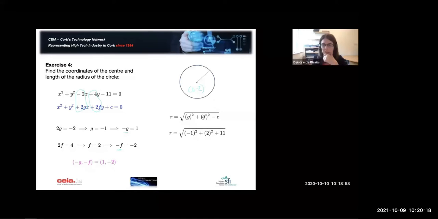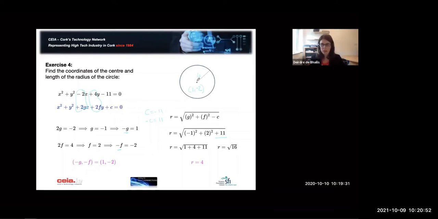From here we know that f is equal to 2, and we're going to square that. Minus c now, so we know that c is equal to minus 11. Therefore minus c must be equal to 11, and that's what we're popping in there. That allows us to calculate r. Again, r is equal to the square root of 16, which leaves r equal to 4 in this case.